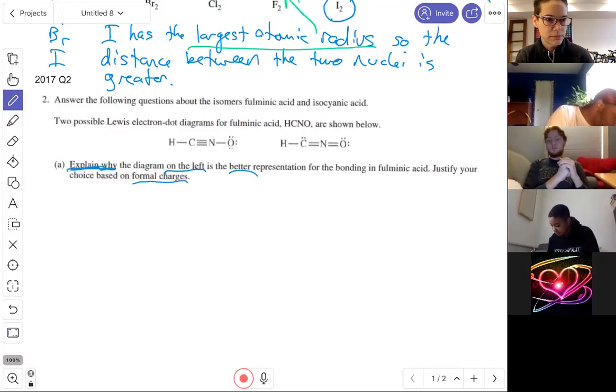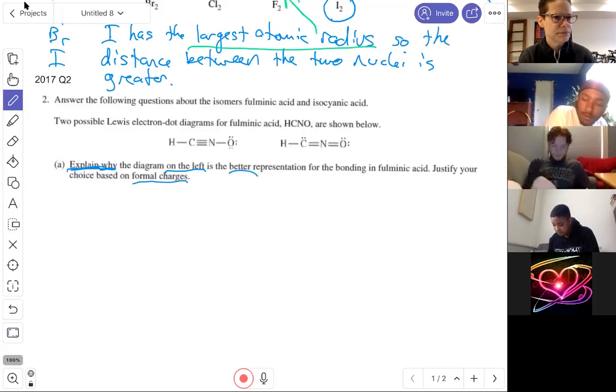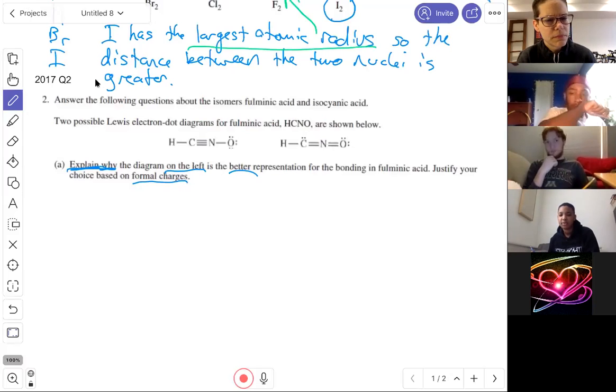Yikes, it's going to take a second. The lines, do we count individual lines or do we count like the bond?